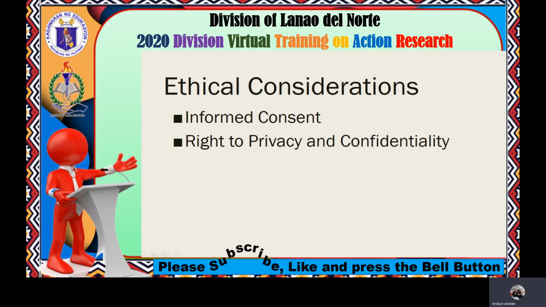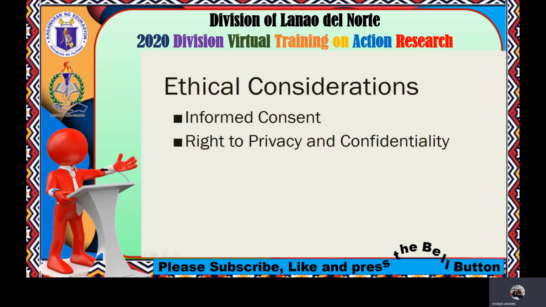Another thing also, if the participants of the study seek to stop, or shall we say, refuse the action research in the middle of its conduct, he or she might do so. Dili ka pwede makabot sa iya.